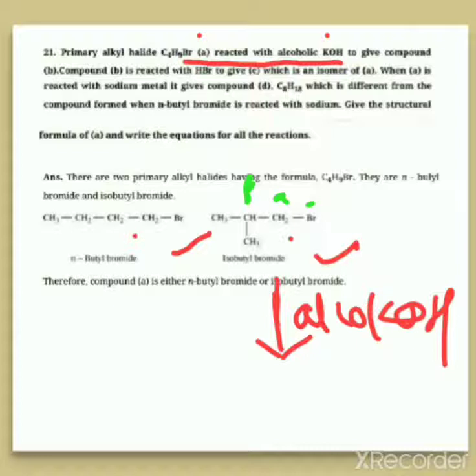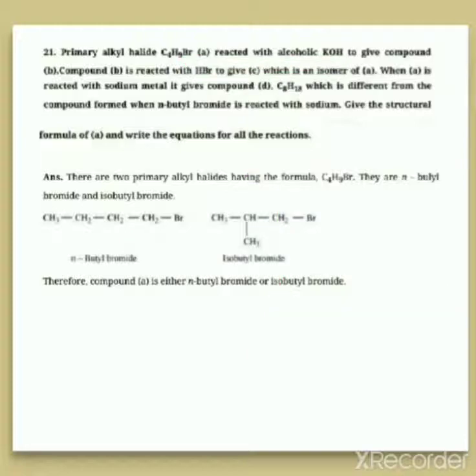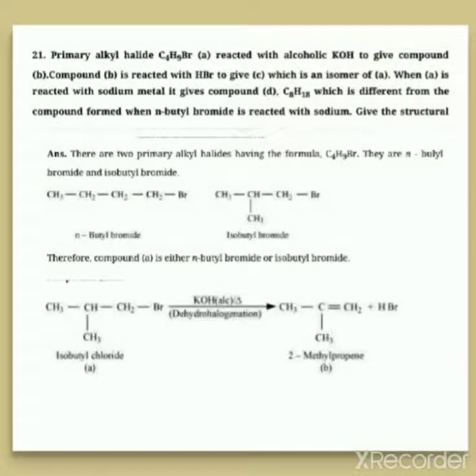So the beta hydrogen is removed, this H is removed, and we get this product through the beta elimination reaction, that is, dehydrohalogenation. So this is an alkene. There is a formation of alkene.